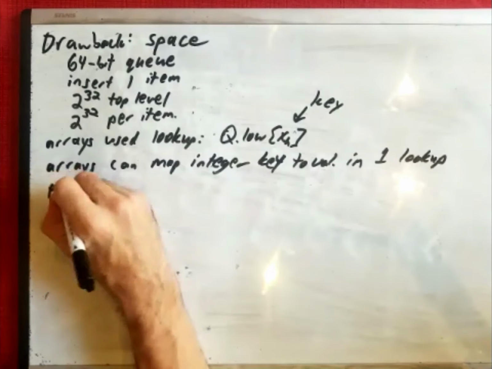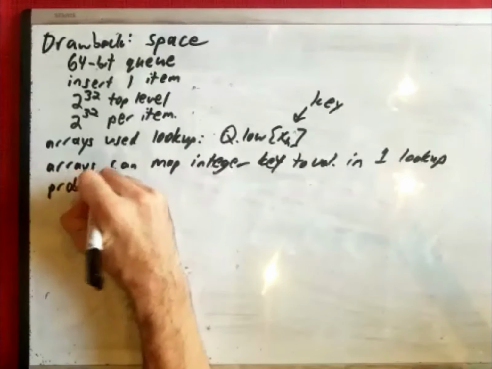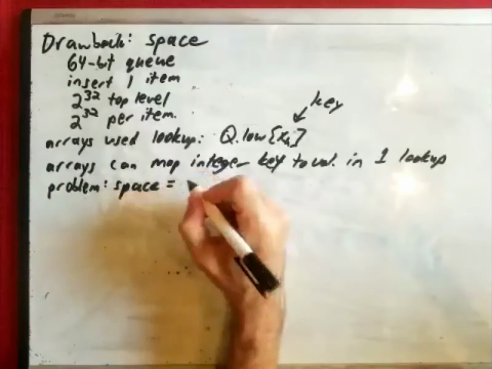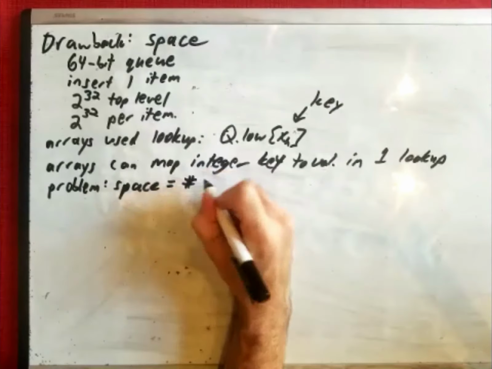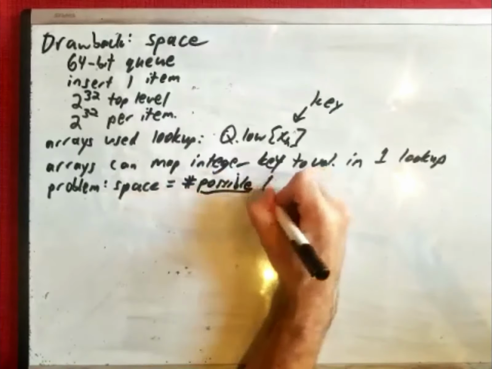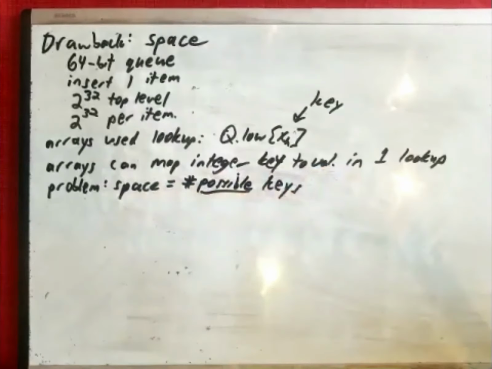But the problem now is space. The space is equal to the number of possible keys. Obviously you're going to have to use some space per key, but the array is going to have all of these holes where there aren't actually any keys, but you need to allocate the space anyway.